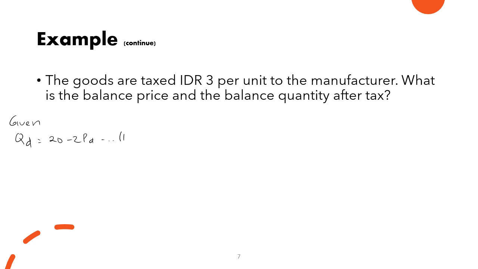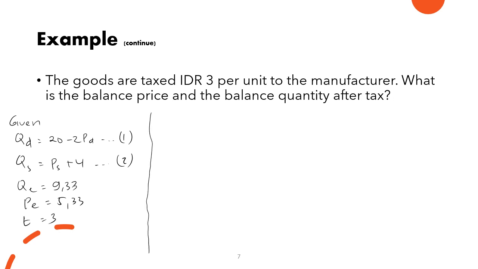QS is PS plus 4, right? And the QE is 9.33, and the equilibrium PE is 5.33. Okay, and now we have tax 3.